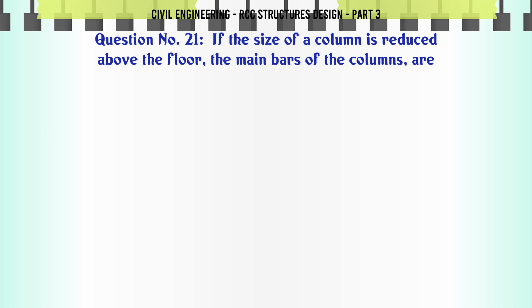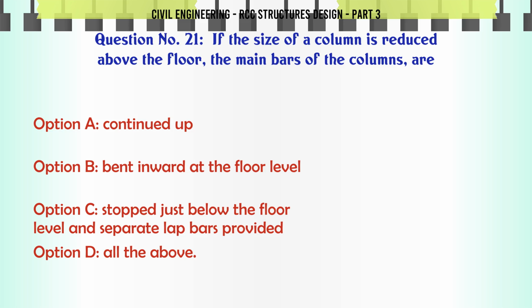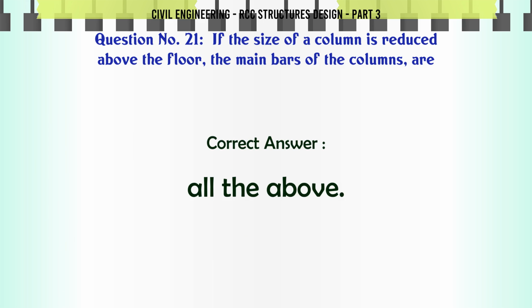If the size of a column is reduced above the floor, the main bars of the columns are A. continued up, B. bent inward at the floor level, C. stopped just below the floor level, and separate lap bars provided, D. all the above. The correct answer is all the above.